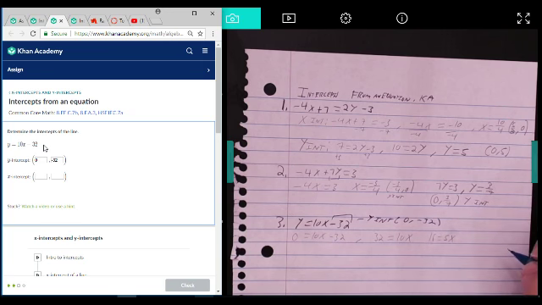And so finally x can be equal to 16 over 5. So our x-intercept would be 16 over 5, 0.